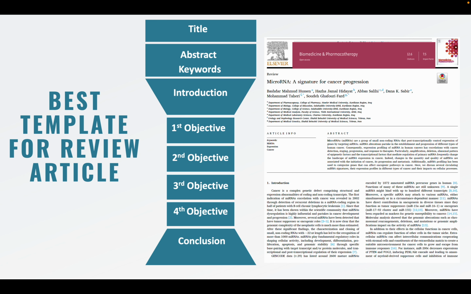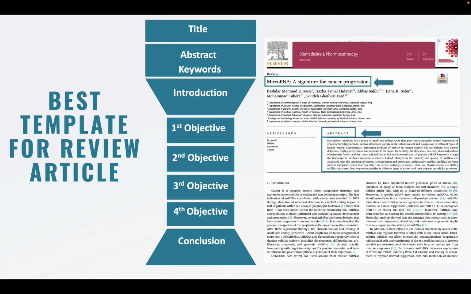Now, as we said, the first thing we have to write down or select is the novel topic. This is the topic. Then it should contain an abstract and keywords. This is the abstract. The length of the abstract and the other things that should be included we will discuss in the next videos.